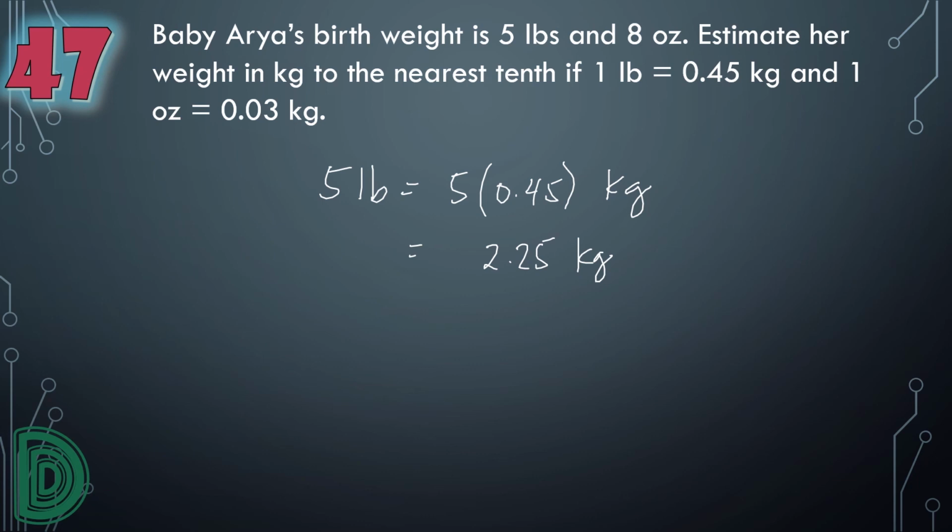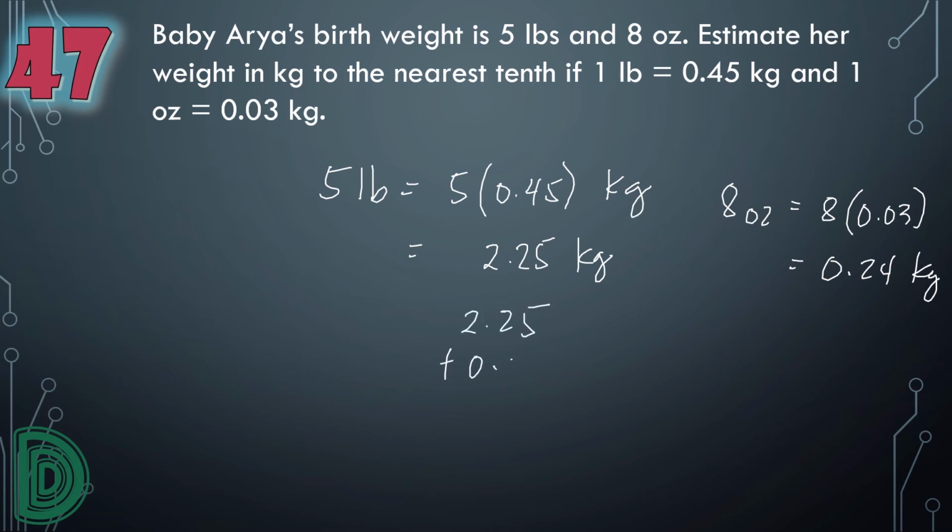And then 8 ounces will be equal to 8 times 0.03 kilograms, and that is 0.24 kilograms. Adding, that will be 2.25 plus 0.24, we have 2.49 kilograms. If we estimate to the nearest tenth, then this will be 2.5 kilograms.